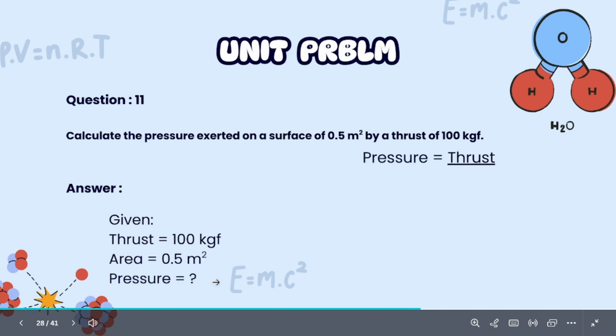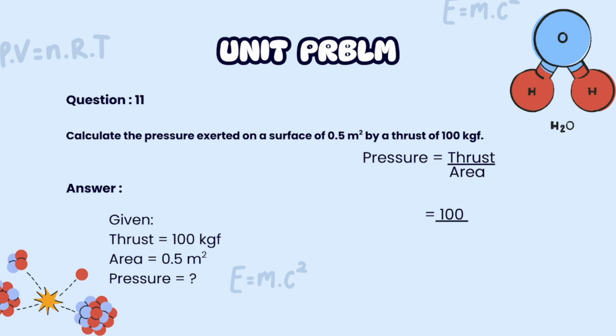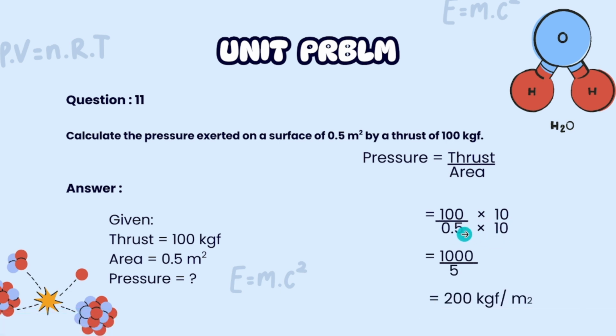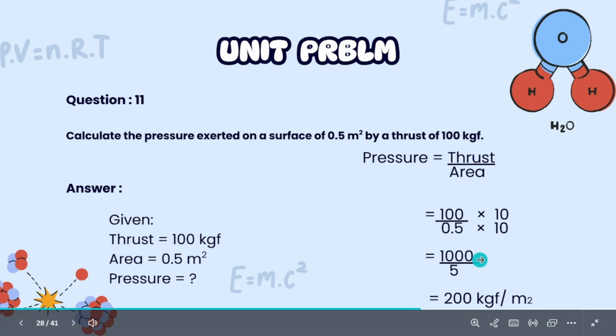Pressure equal to thrust by area. Thrust is given as 100 and area is given as 0.5. But to remove this 0.5 we are multiplying by 10. After point there is 1 digit, so it's 10. 100 into 10 is 1000, 0.5 into 10 is nothing but 5. 5 ones are 5, 5 twos are 10.